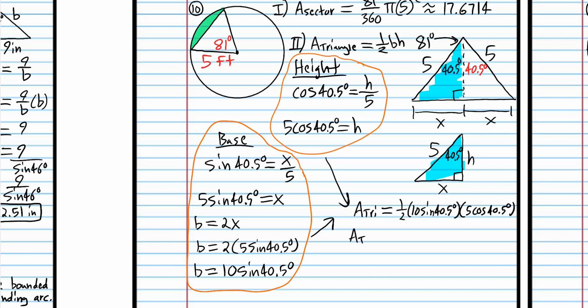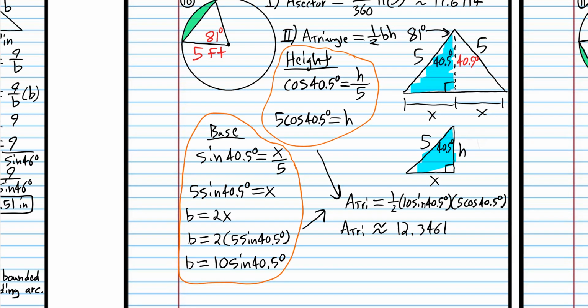So the area of the triangle is approximately equal to, and again, we could simplify that expression, but just to make things easier, I'm just going to have you enter it in. So 0.5 times 10 equals times 40.5 sine button equals times 5 equals times 40.5, and then the cosine button, and equals. So we get 12.3461.